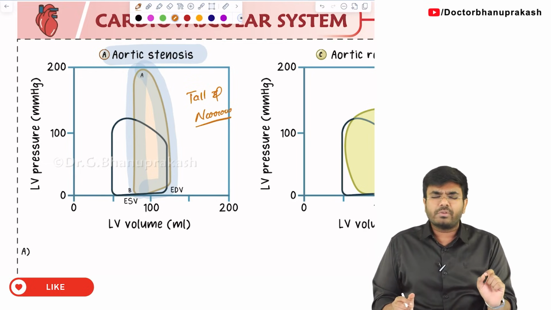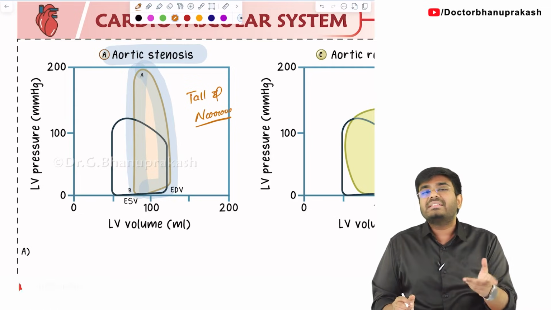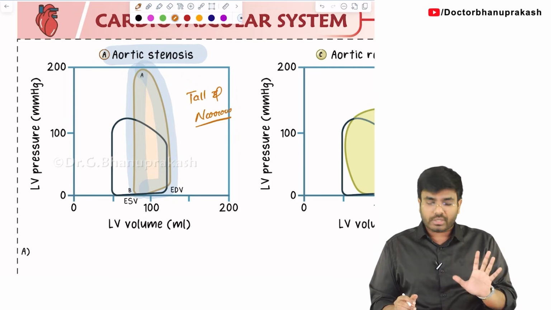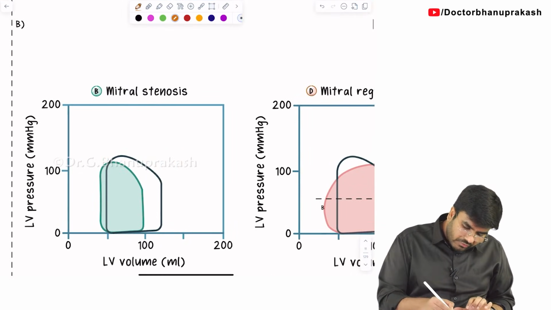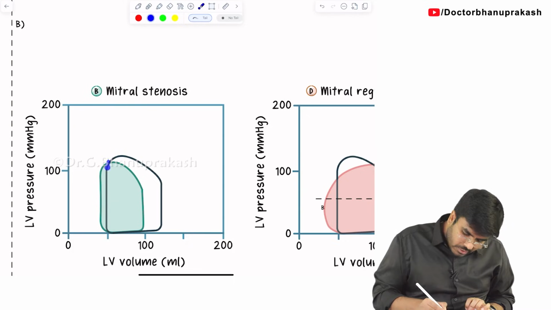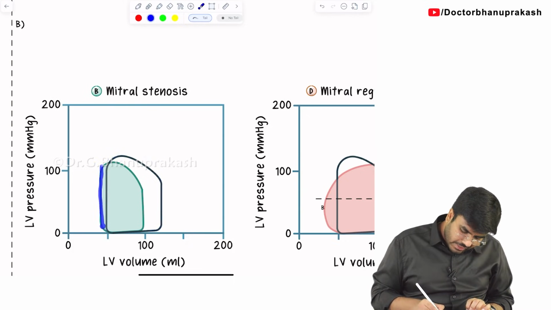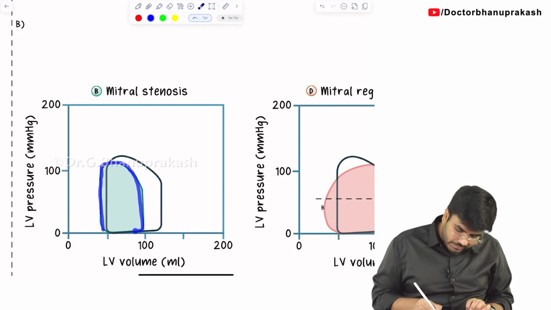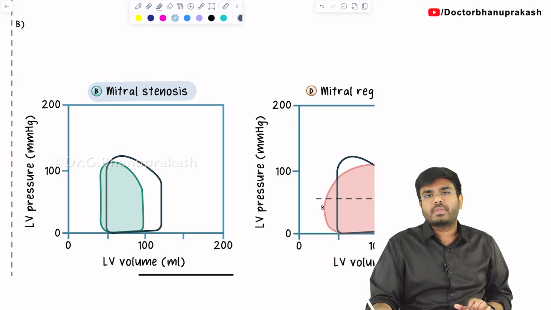So always remember, whenever you see a tall and narrow left ventricular pressure volume loop, the patient is suffering from aortic stenosis. Exactly opposite, short: whenever you see a short left ventricular pressure volume loop when compared to normal, let's say this is normal, and in my patient the loop is becoming small, the patient is suffering from mitral stenosis.